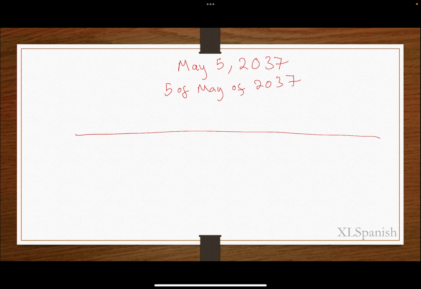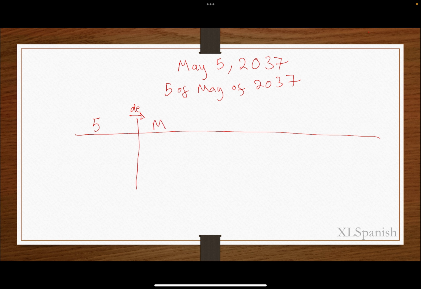Okay, let's do another example. Let's do an easy one this time. Let's say May 5, 2037. Let's rewrite it: 5 of May of 2037. We do our table. We're going to have 5. We transition between the day and the month, so there will be a de.